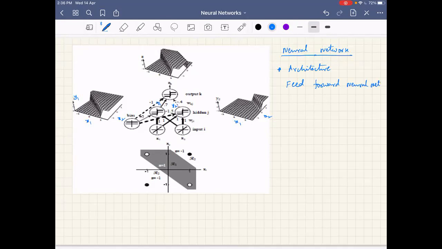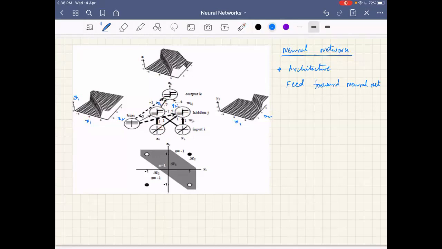That means, as you can see here, each layer feeds forward its outputs to the next layer, or each layer will get its input from the previous layer. So these connections all go in the forward direction, and these are all connected. This is referred to as a feed-forward neural network.